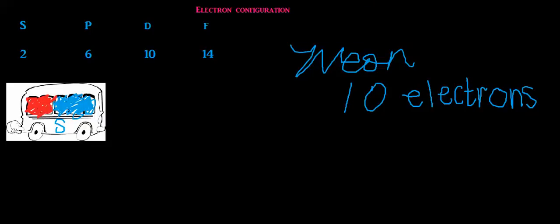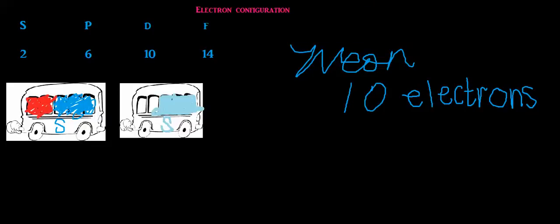Let's pull that one in. The second S bus could fit 2 as well. So we have 8 electrons left to fill. We fill in those 2 spaces, which leaves us with 6 electrons left.